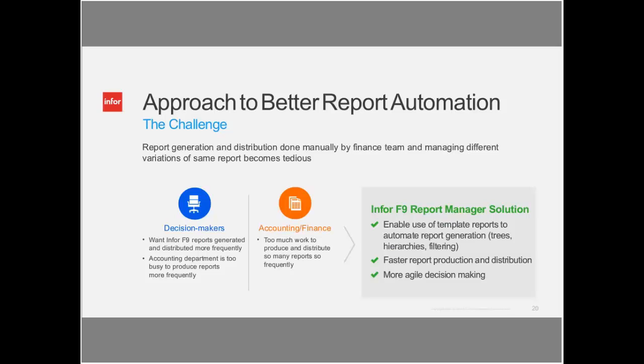These departments should be grouped together, and I want to run the report with the group as well as individual codes, distribute them in a specific way, that type of automation. The combinations get very extensive, and this is a way to use one template report, being able to plug in different codes to run different scenarios or different iterations of the same report and distribute them or save them or do anything you want with them.